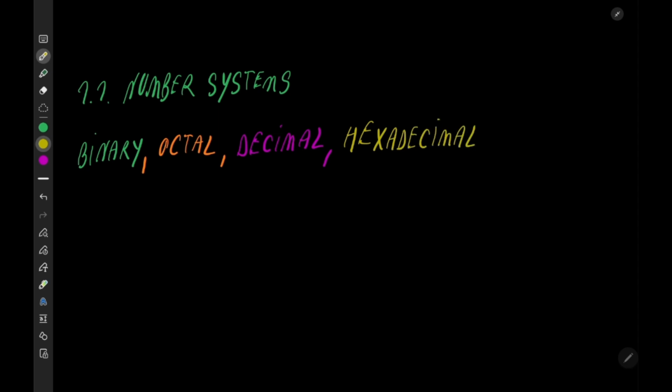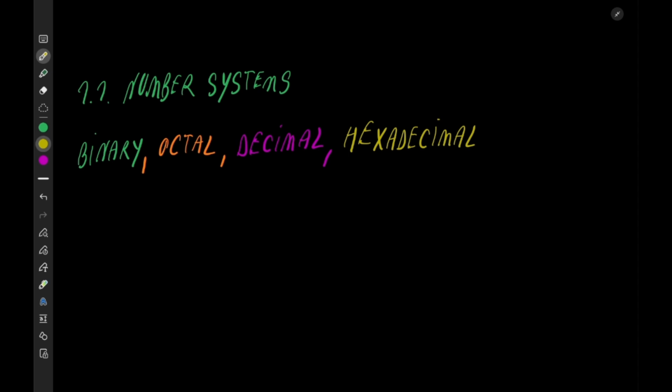Think of them as languages that computers can understand, with binary being English and hexadecimal being something less known but still pretty known, such as French. Understanding these number systems will help us understand better how computers think and the way they analyze things.